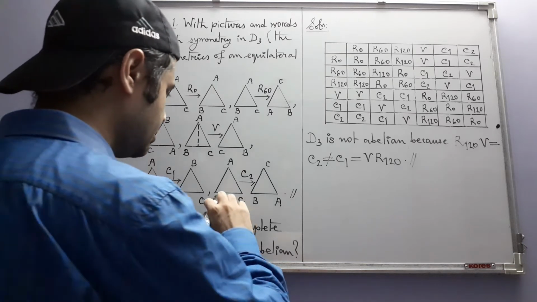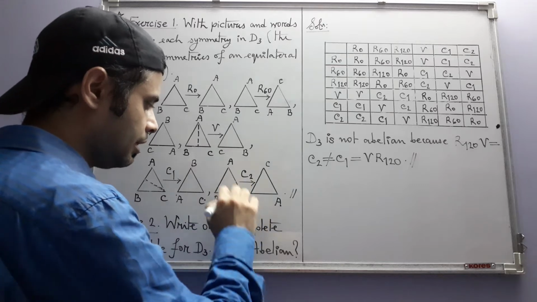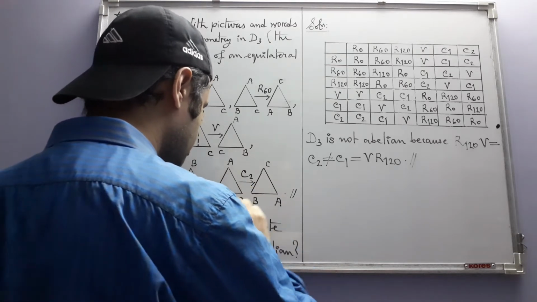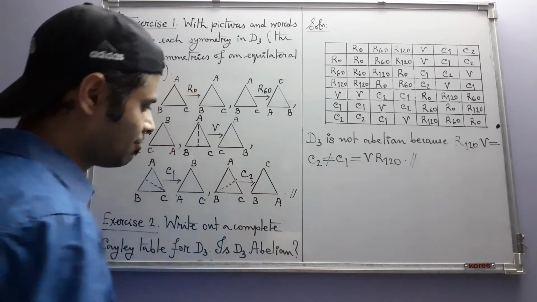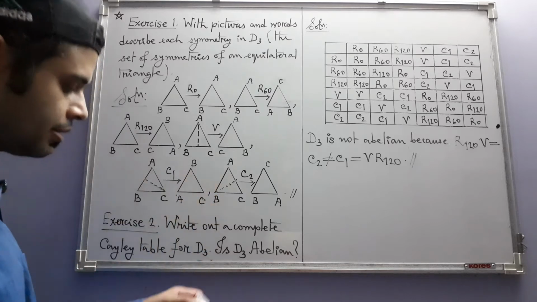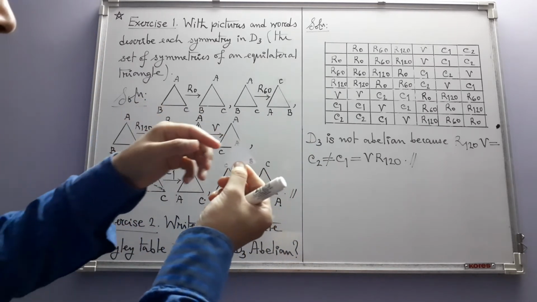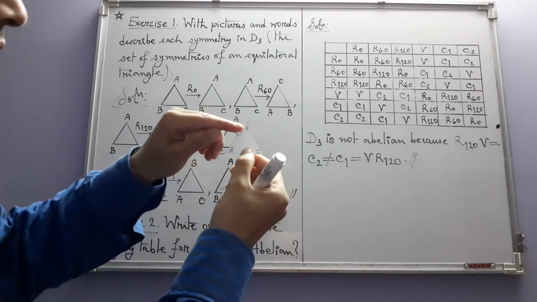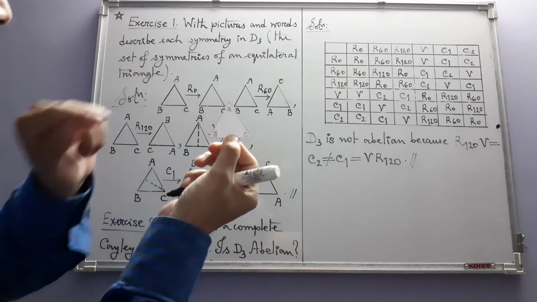Just like that, here since B remains the same, it is unchanged, and A and C are interchanged. So this is the reflection about this axis. You just reflect like this. Here you have ABC, oh sorry, this one, this side, ABC. I hope you can see ABC.